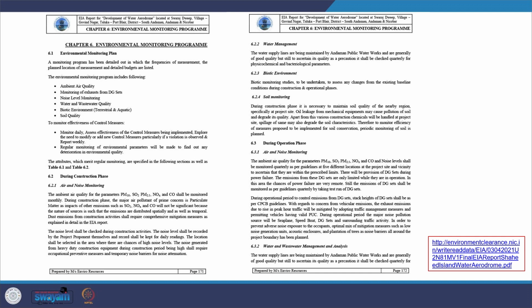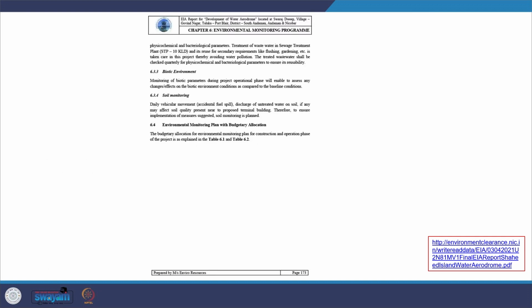So they have mentioned during the construction period they're going to monitor all that to avoid impact on the environment here. And then during the operation phase, again, they would be monitoring air and noise, water, wastewater, and then biotic environment, soil monitoring, and then also they have allocated funds for the environmental monitoring plan.